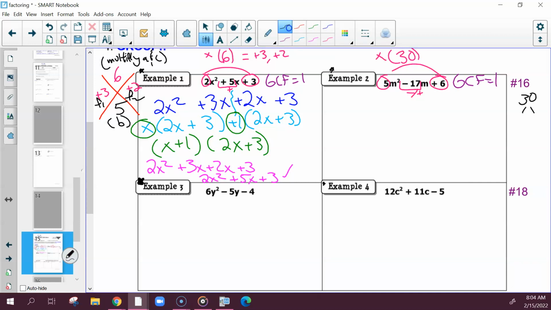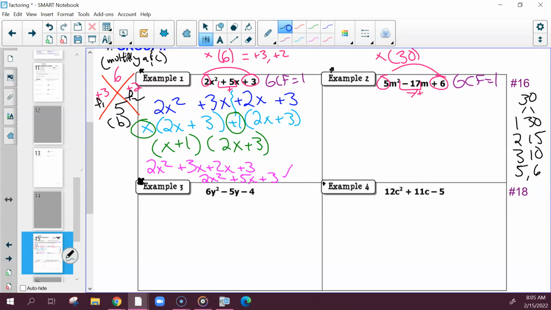What are some factors of 30? 1 of 30, 2 of 15, and 10. 6 and 5. And that should be it.